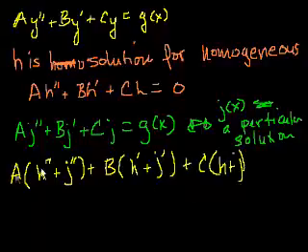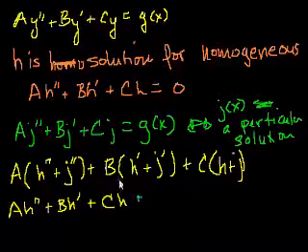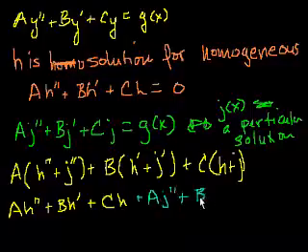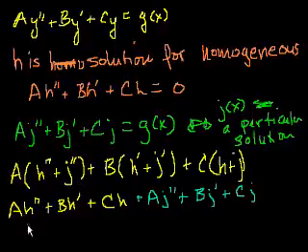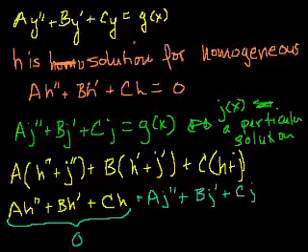So what does this simplify to? Well, if we take all the h terms, we get a h prime prime plus b h prime plus c h, plus, let's do all the j terms, a j prime prime plus b j prime plus c j. Well, by definition of how we defined h and j, what is this equal to? We said that h is a solution for the homogeneous equation, so this expression is equal to 0.